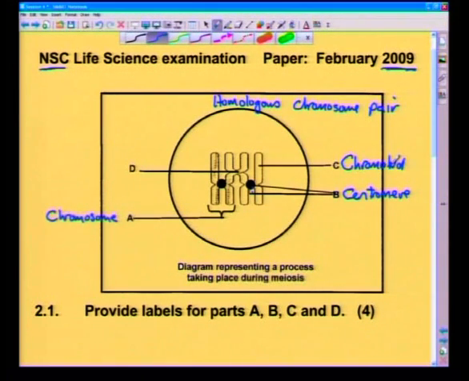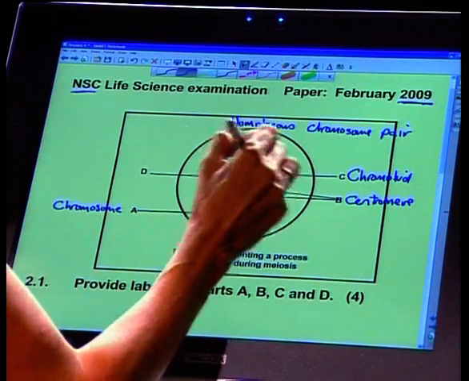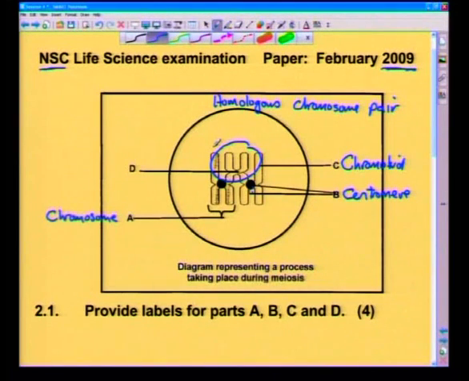And your chromatid sits there, and you've got one chromatid and another chromatid, and when it joins in the middle, that's your centromere. And that's why it looks like the shape of an H. All right, and then D, this process that's happening there is called the crossing over. And it's also called the chiasmata.